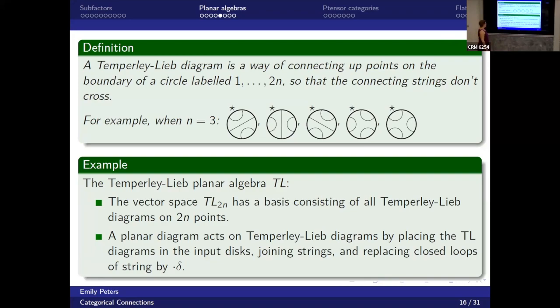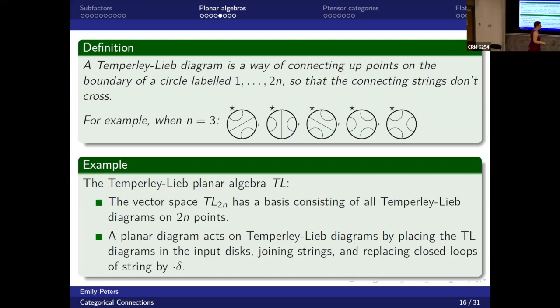And now we take those as a basis for a vector space, and we turn this into a planar algebra by literally taking your TL diagram and putting it down inside the input disk of your planar diagram. And once you've done that to all the input disks, what you have again is just information about how the boundary points connect on the outside disk.